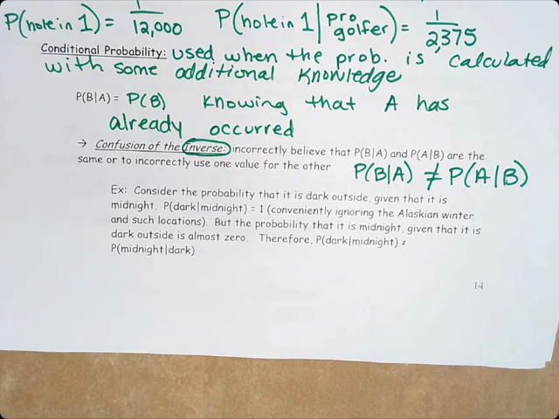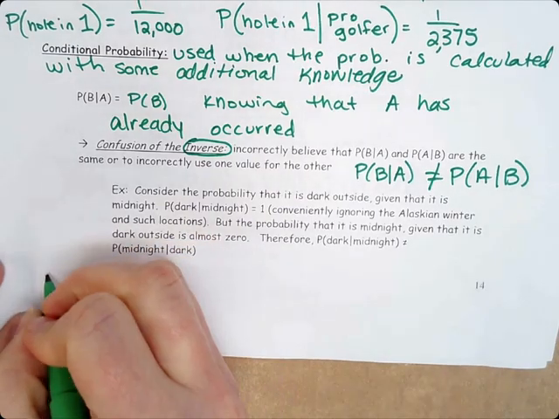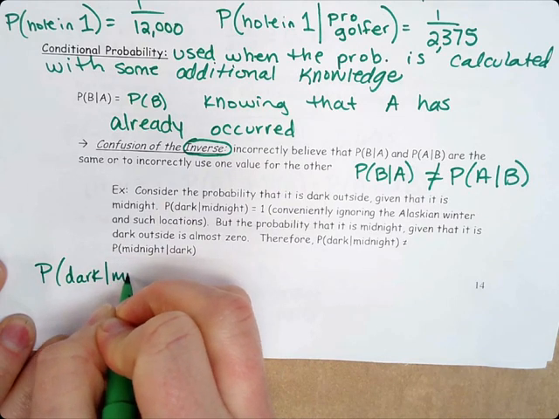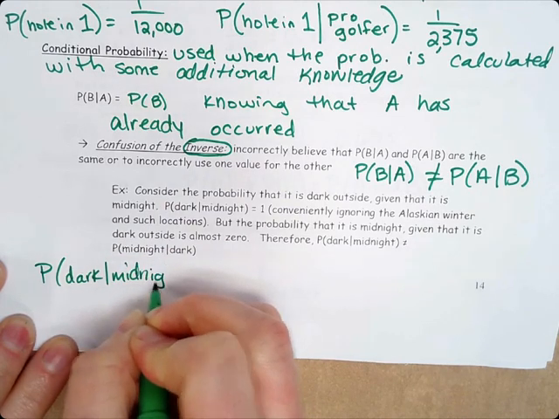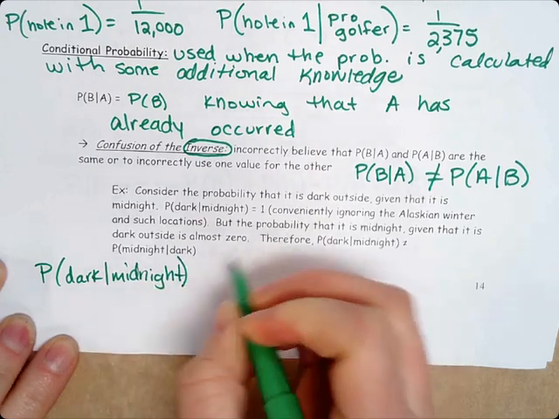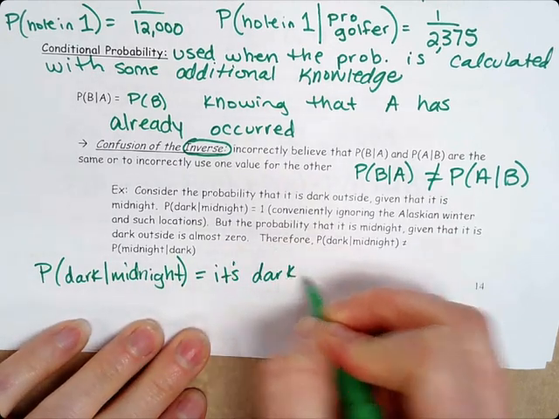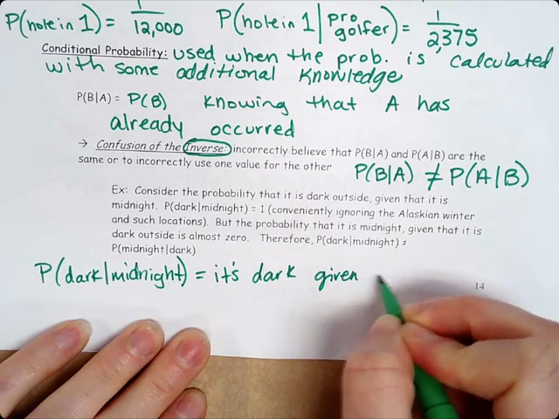So I have to kind of break it down to make it a little bit more sense. So probability of dark given midnight means it's dark given it's midnight.